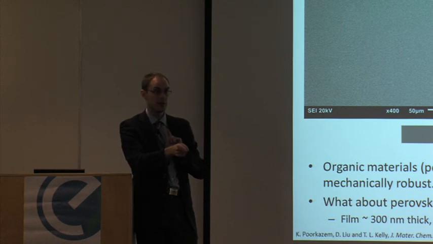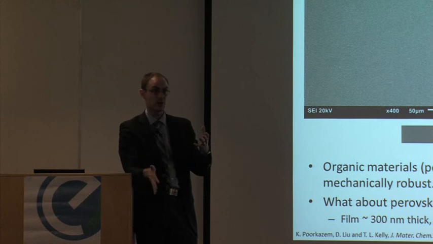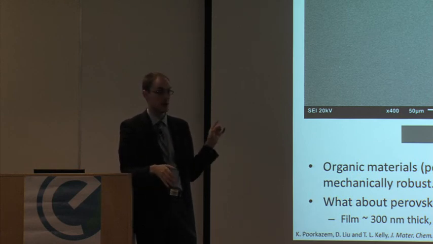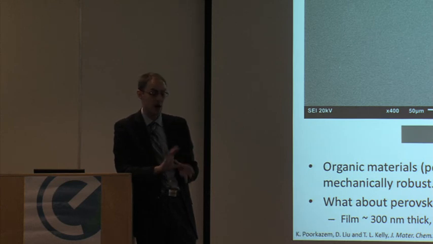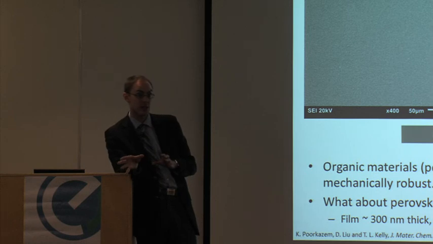And so if the film gets thicker, then we see a decrease in efficiency. Similar studies on mesoscopic supports have revealed optimized film thicknesses of closer to 400 to 600 nanometers.